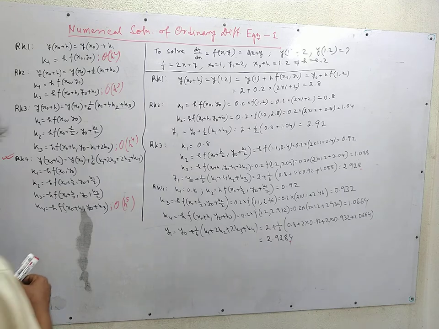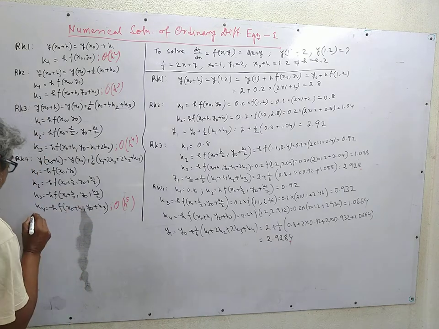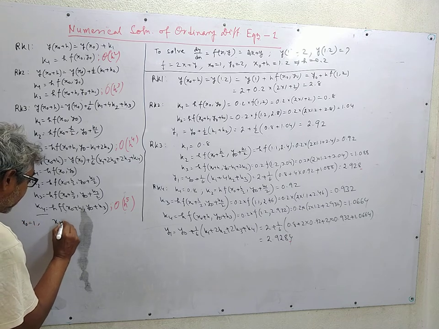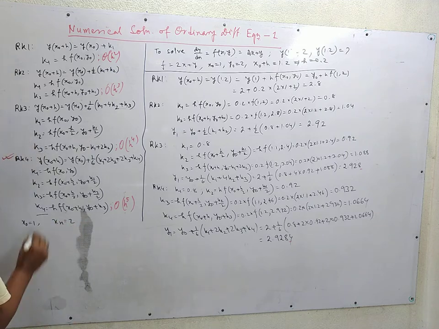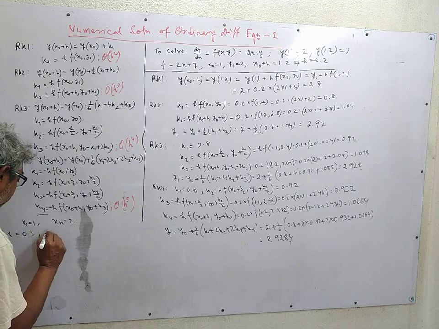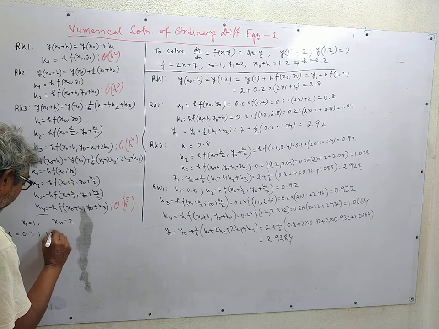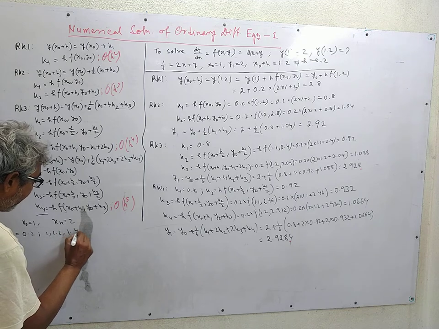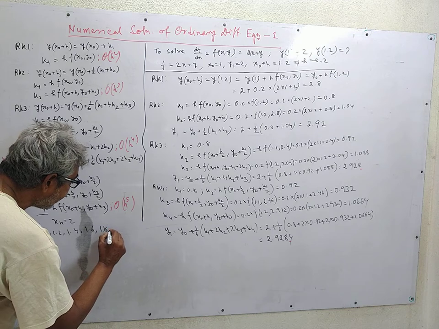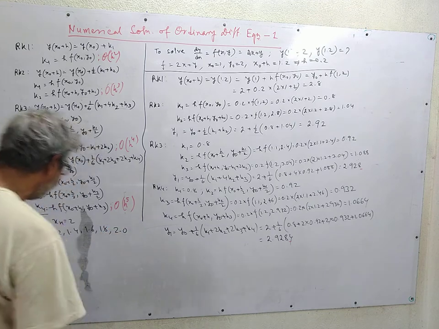If we set as I have stated, our aim is going from x0 is equal to 1 to xn is equal to 2. Initially we set h is equal to 0.2, so we solve the value at 1, 1.2, 1.4, 1.6, 1.8, and then land up at 2.0.